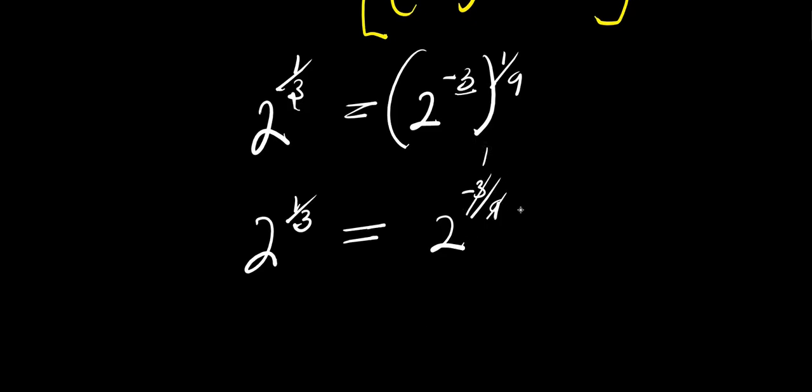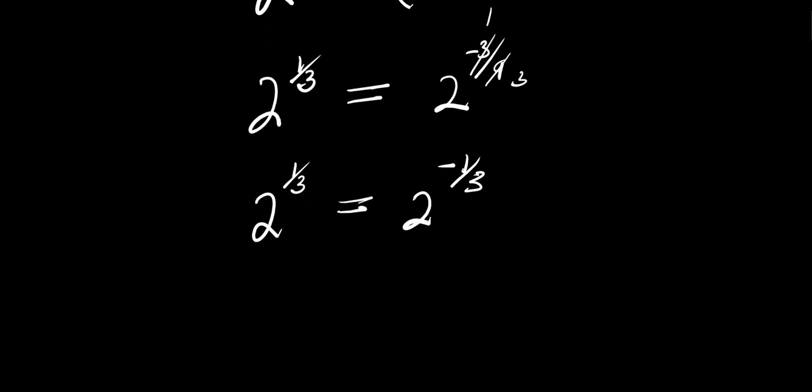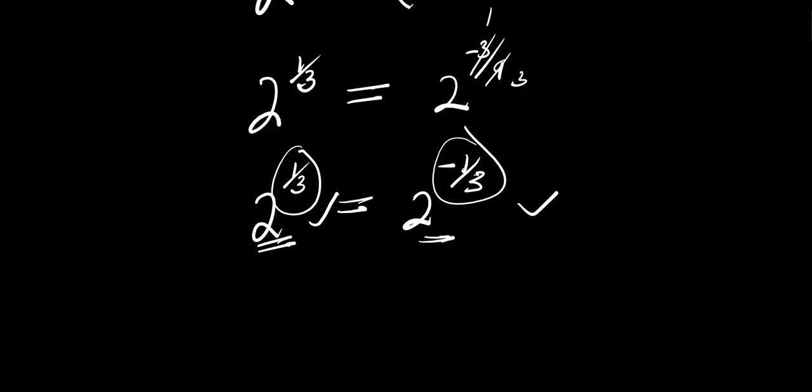This cancels, so 1 comes with this. We have 3. We have 2 power 1 over 3 equals 2 power negative 1 over 3. Are you seeing it? Here we have 1 over 3. Here we have negative 1 over 3. But the bases are the same, meaning that this and this are not the same.